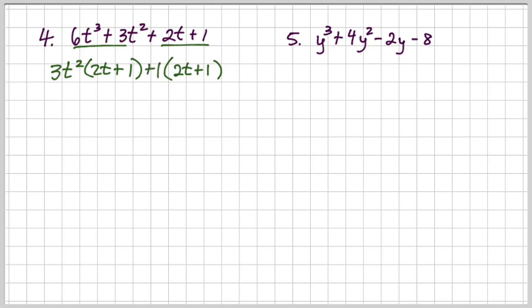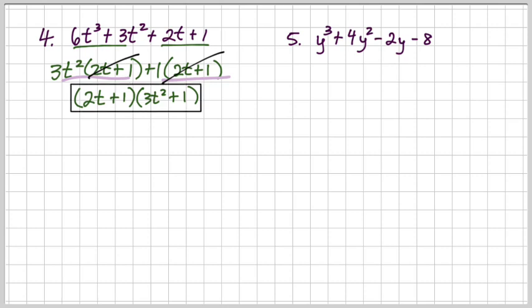This becomes, our common factor for these two terms is 2t plus 1, and the other factor is going to be 3t squared plus 1. You can see that after you cross these off, that's what's left. And so that's our answer.